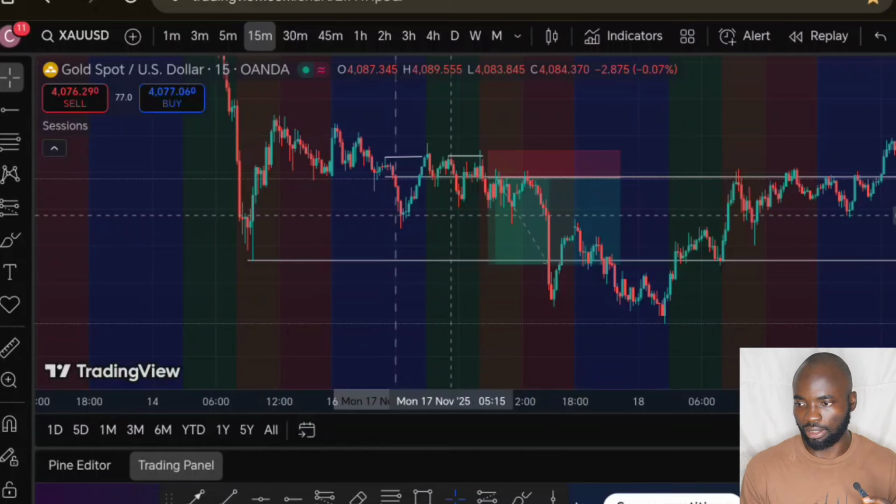So how do you get this indicator? What you need to do is go to indicators. You come to this place, indicators, and you just type session.